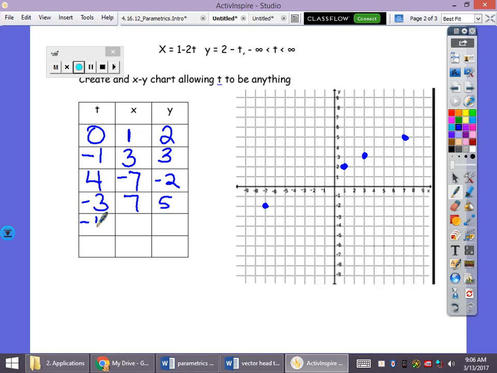All right, -4. -4 is going to give me 9 and 6. Okay, can someone give me a positive number? 2. All right, 2 is going to give me -3 and 0. What do you notice? It's linear, okay? Both of my initial equations kind of look linear, right?